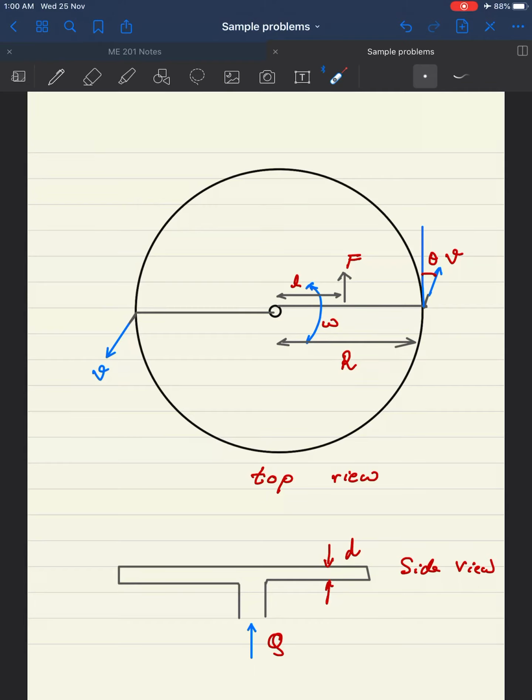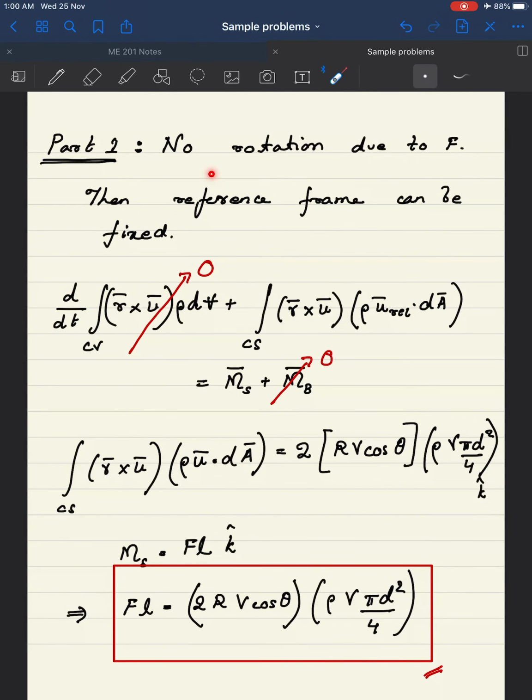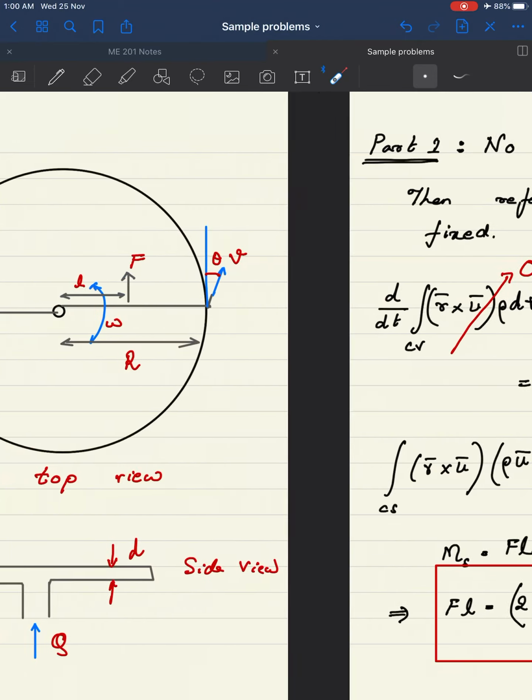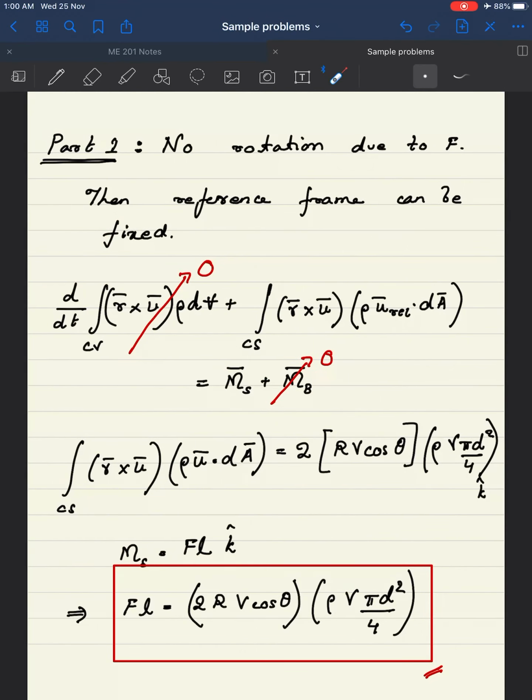Okay, so hold the sprinkler steady. So if the sprinkler is steady, so if, let's say, no rotation due to F, then the problem does become rather easy, because all you have to do is consider a stationary control volume that encloses the sprinkler all over, and then you apply the angular momentum principle to that control volume.